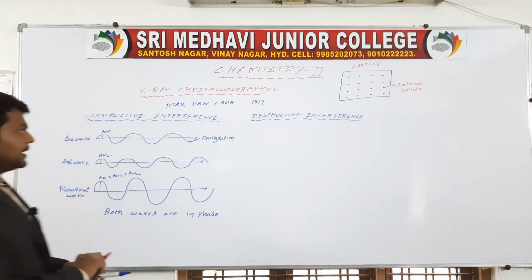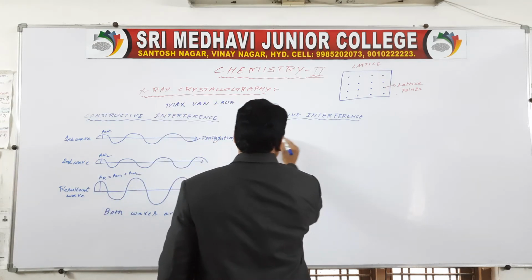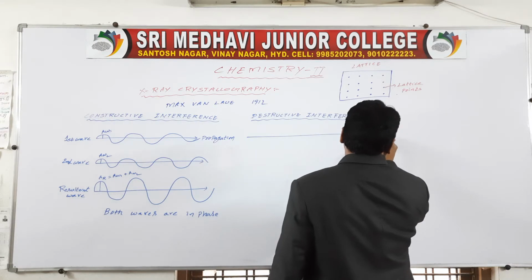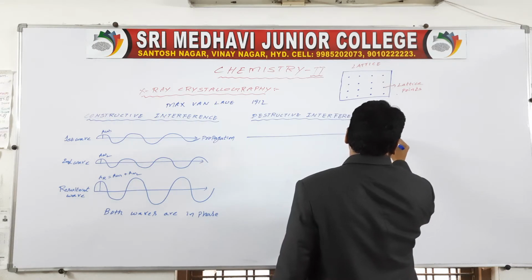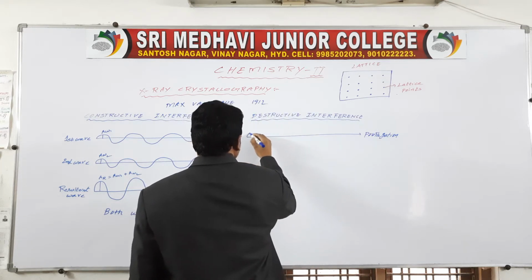Next, destructive interference. This is the propagation of the wave, like this.